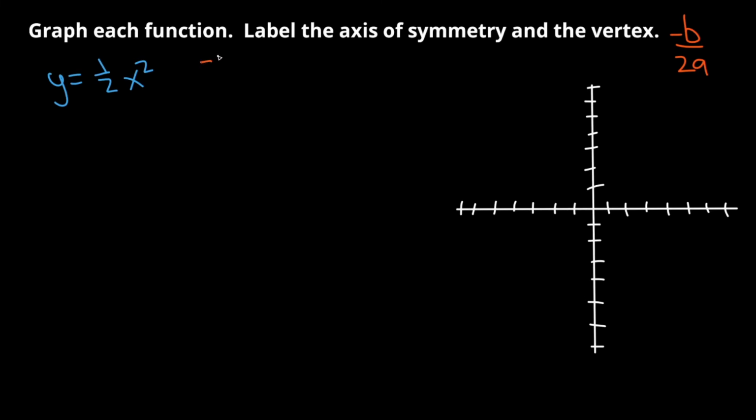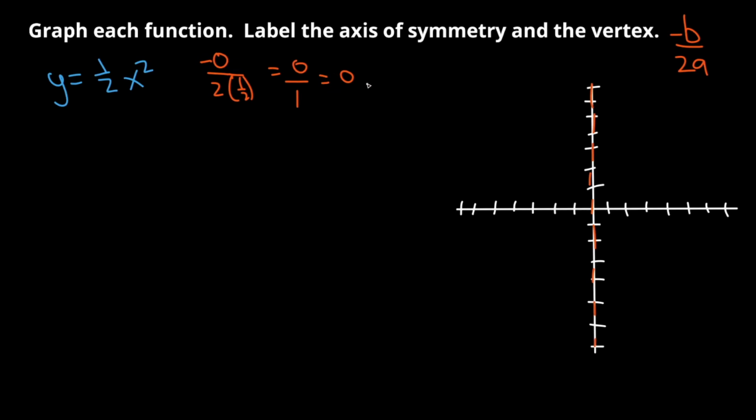So negative 0 over 2a, it doesn't really matter. 2 times 1/2 is 1, so that's 0 over 1, or 0. So that means the axis of symmetry is when x equals 0. So this is the axis of symmetry, which just happens to be the y-axis in this problem.